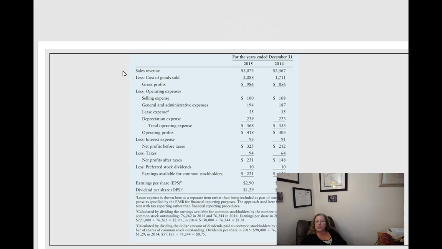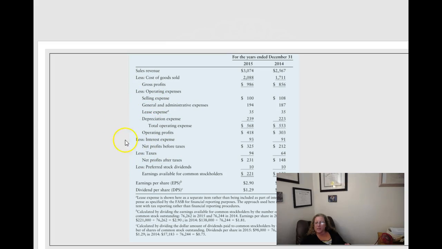Income statements report revenue and expense accounts, and that's it, revenue and expense accounts. So we usually start off with sales revenue. If it's a company that has inventory, you will subtract the cost of goods sold, and this will give you gross profit. And then your operating expenses are subtracted from the gross profit, and this comes on down.